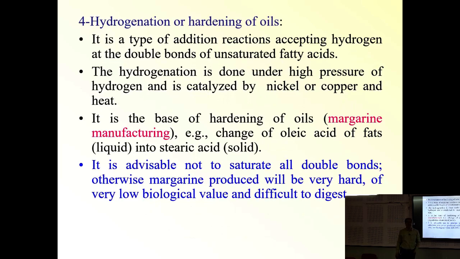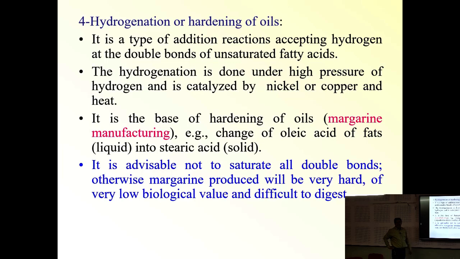Hydrogenation or hardening of oil. Yes, this property is very important. Nowadays you cannot provide fat only through animal origins. This is what is called vegetable ghee, which is produced through this. It is a type of addition reaction, adding hydrogen at the double bonds of unsaturated fatty acids.